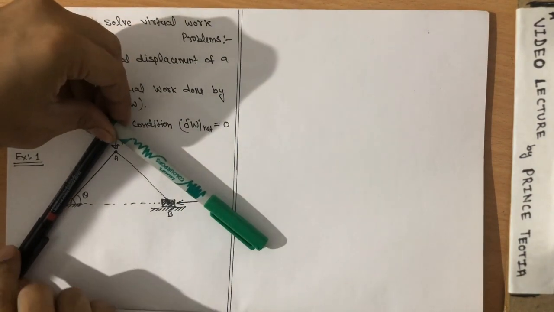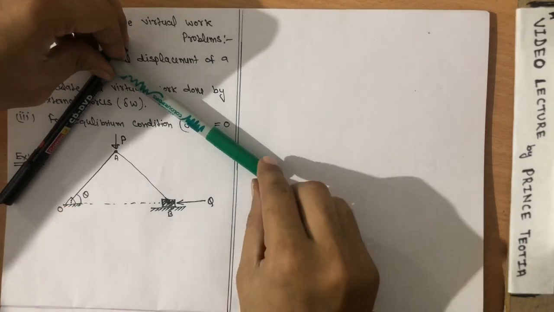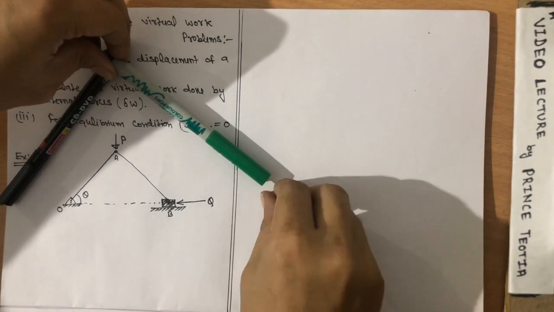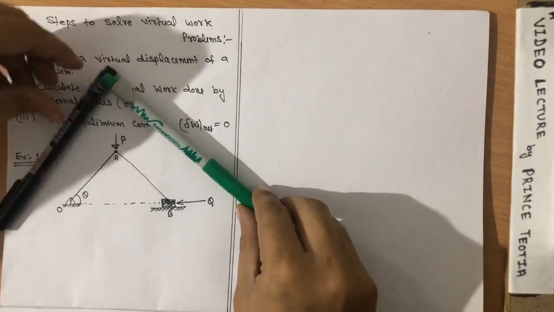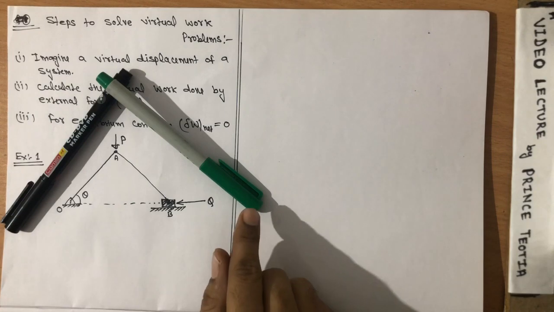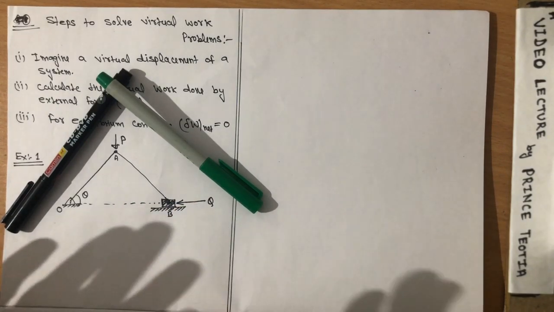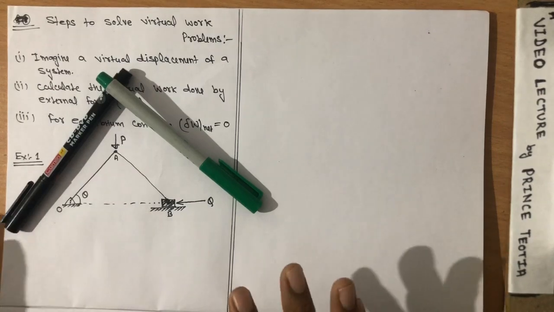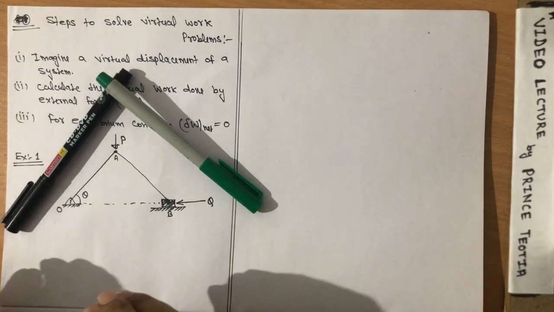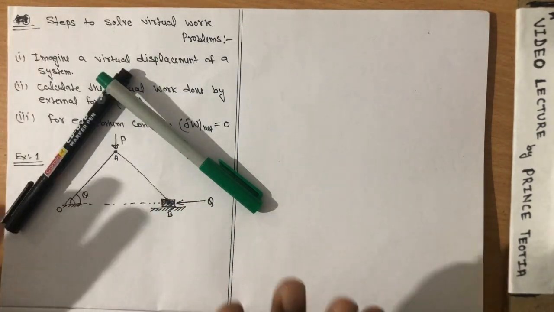This link is hinged at this point, and the other link is connected to a slider, meaning this slider can move. To maintain this system in equilibrium, everything is given in the question. I did not write the question here, so I am explaining the problem.